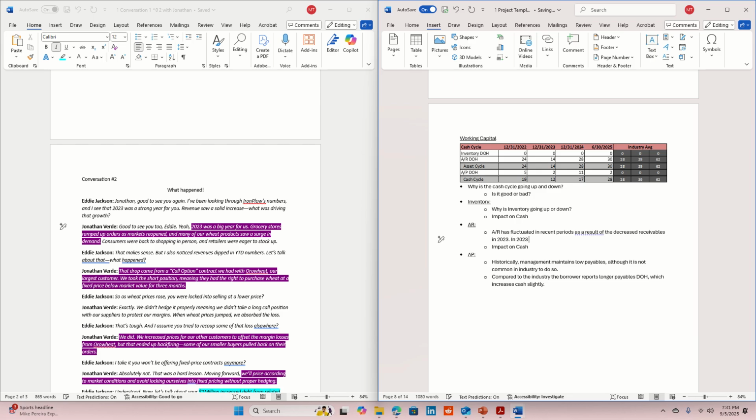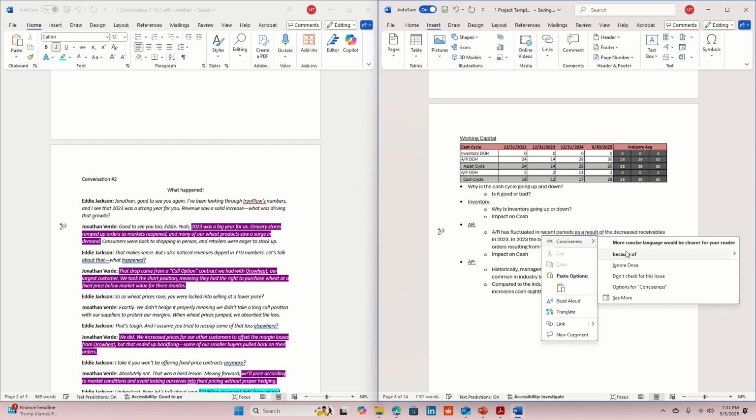In 2023, the borrower reported increased sales demand from pent up orders resulting from the COVID-19 pandemic, reduced grocery store hours.